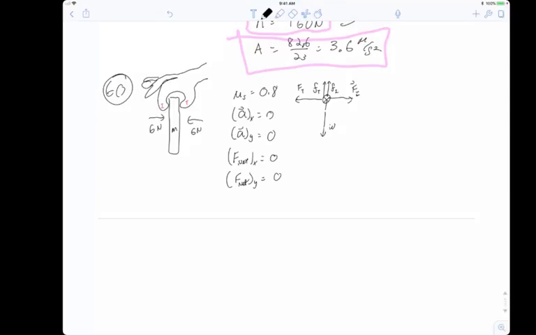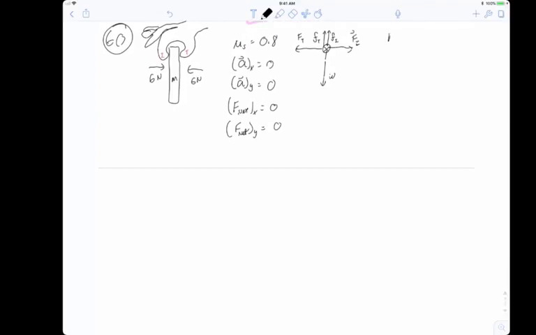Okay? So, we're talking about the max weight, right? So in other words, the friction on my thumb should be equal to the maximum friction possible. And there's an equation for calculating the maximum friction possible. Hold on, please.